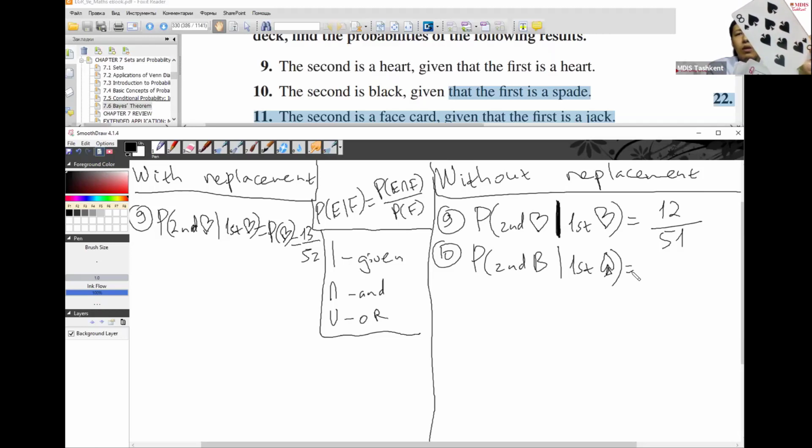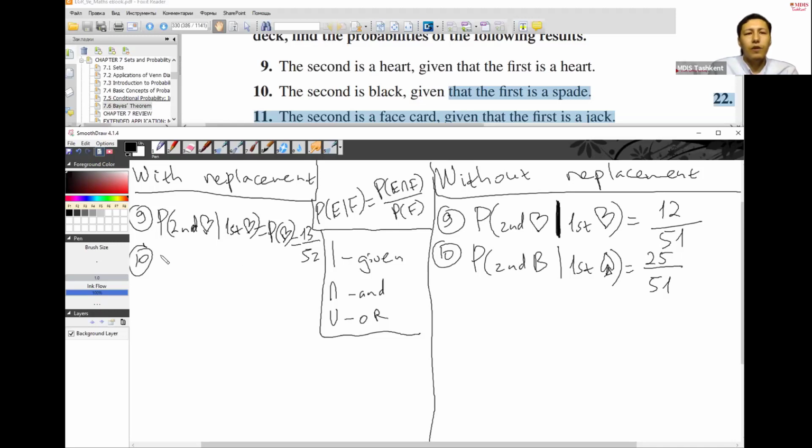Without replacement means you just throw it. So how many cards are left? 51, so the denominator will be 51. What's the probability of choosing a black card now? How many blacks are left? 25, because there were 26 black, but spade is also black. Therefore, if you take out this card, 25 black cards are left.